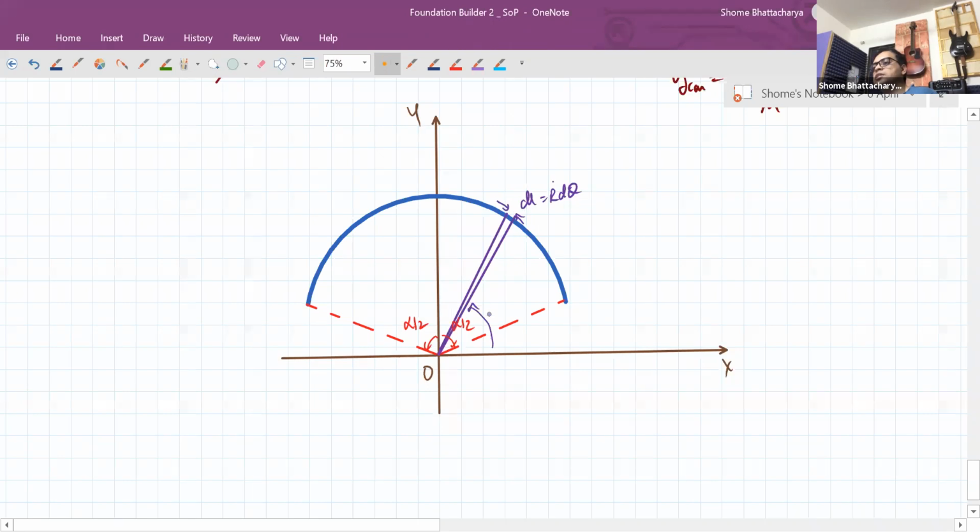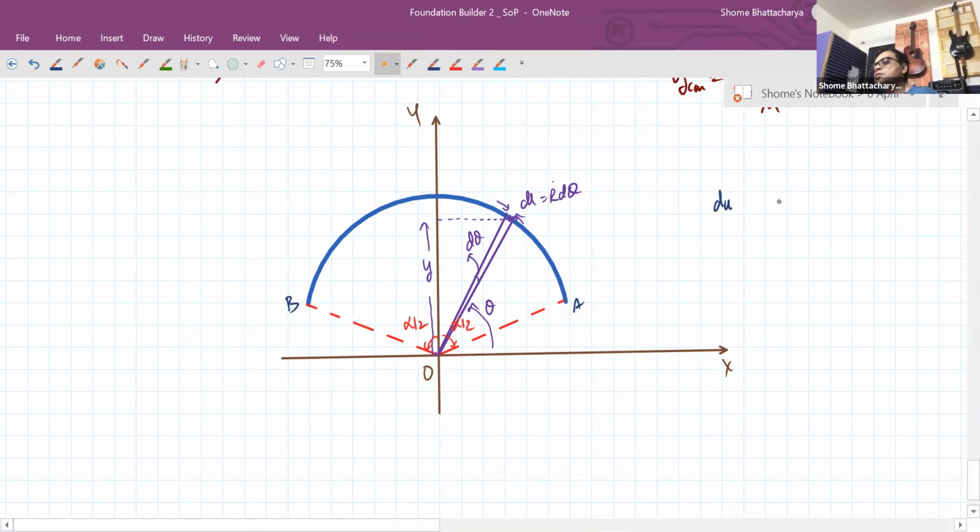And this angle from here to here is theta, whereas this small angle is d theta. So this differential element again has a y coordinate, which is this one. And we will integrate finally from this point A to this point B.